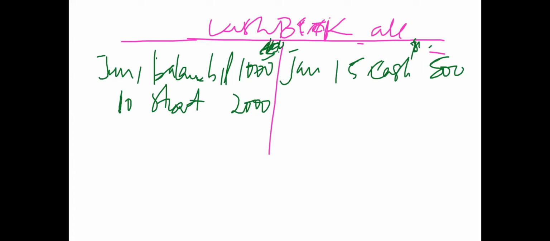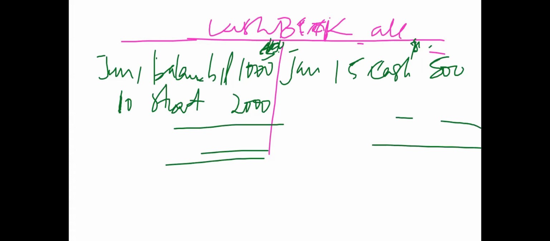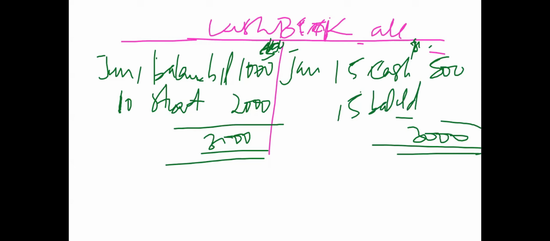So we close off the account. This side is 3,000, so even this side must be 3,000. So as per 15th, because that's the end of the period, this is balance carried down of 2,500.